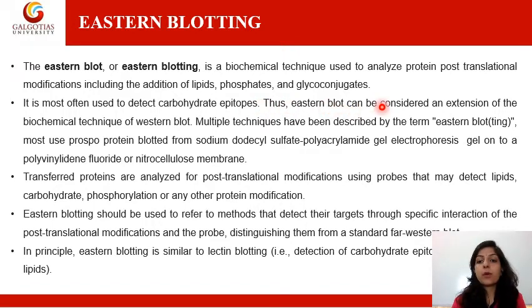Thus, Eastern blot can be considered an extension of the biochemical technique of Western blot. So we can use the Eastern blot technique to detect carbohydrate epitopes, and refer to it as an extension of the Western blot.